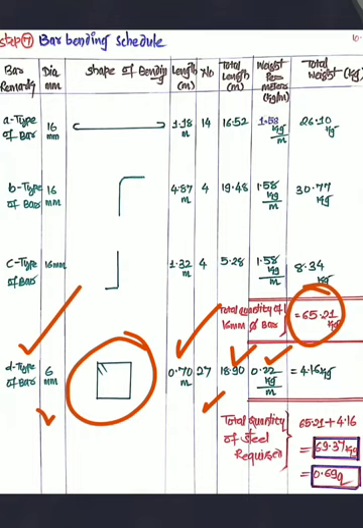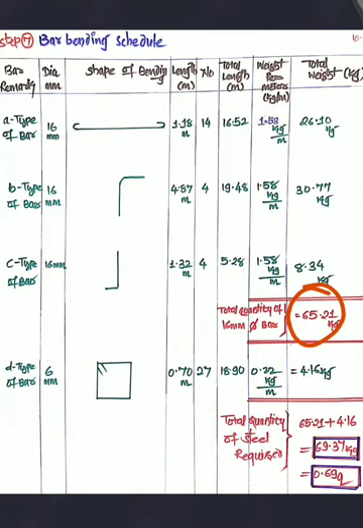Now if you add these two, that is 65.21 plus 4.16 kg, you are going to get 69.37 kgs, or in quintals it is going to be 0.69 quintals, and in tons it is 0.069 tons.